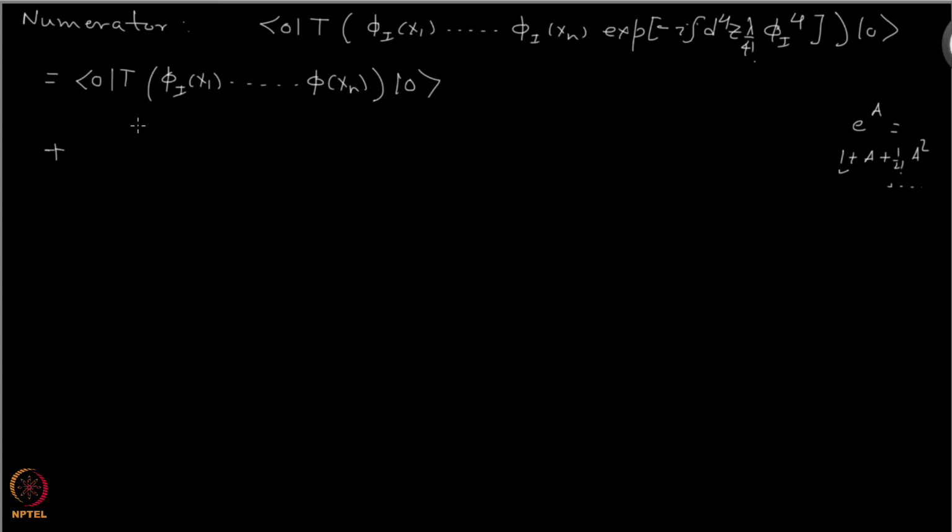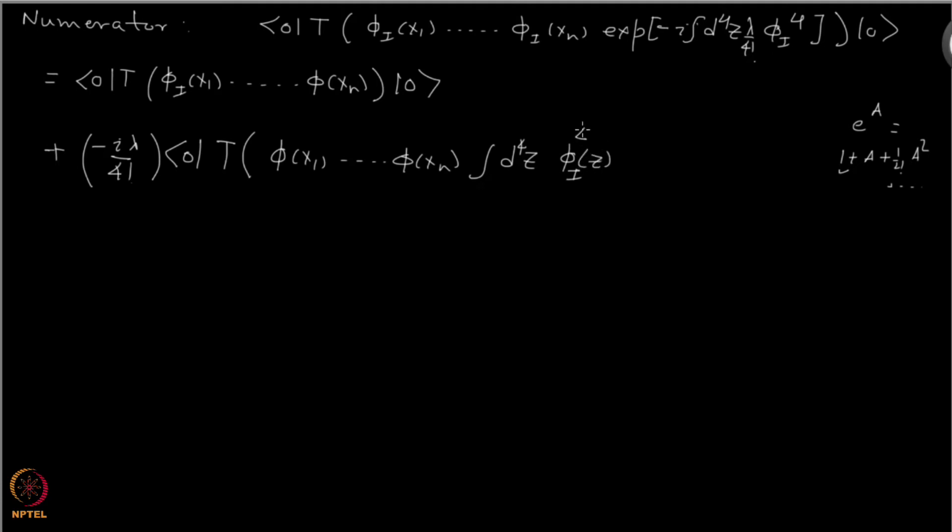So I write minus i lambda over 4 factorial, okay, and then you have one factor of this operator. So I get vacuum, time-ordered product of phi(x1) up to phi(xn), and then integral d^4z phi_I(z) to the 4th. Okay, so there are 4 factors of phi_I in here.